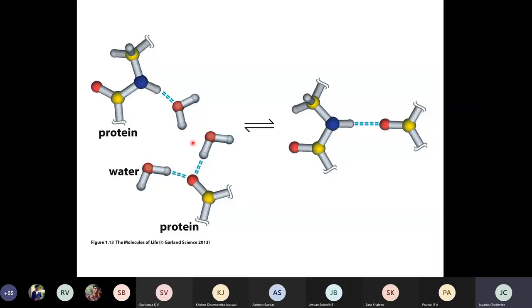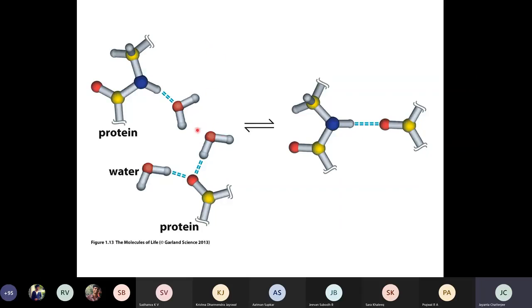But what happens eventually when proteins fold? It's a linear chain, so let's say that there is a very long thread, and the thread folds back on itself and takes some unique shape. What happens is these water molecules are essentially thrown out.